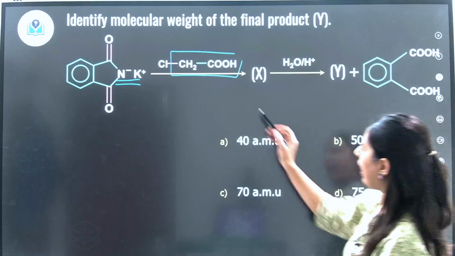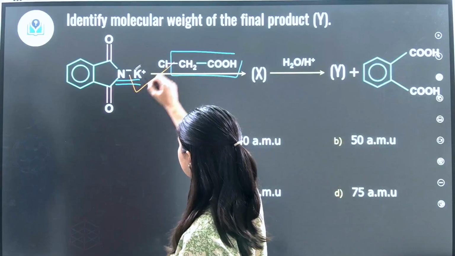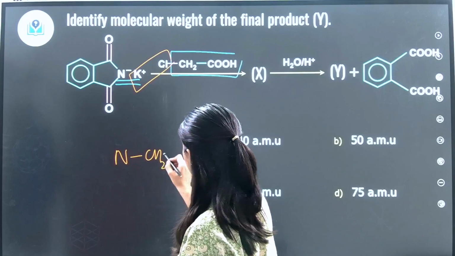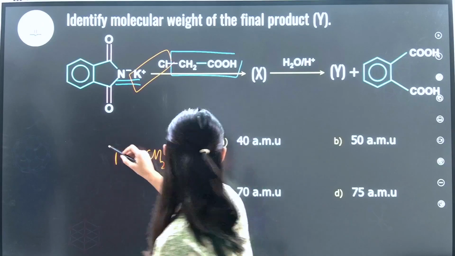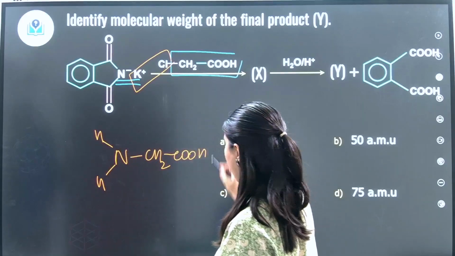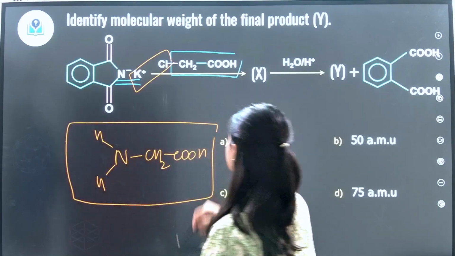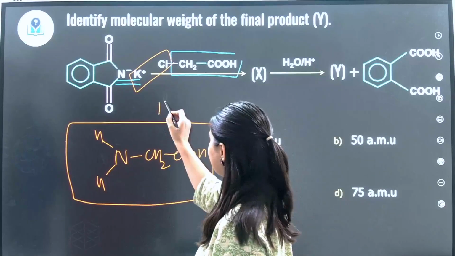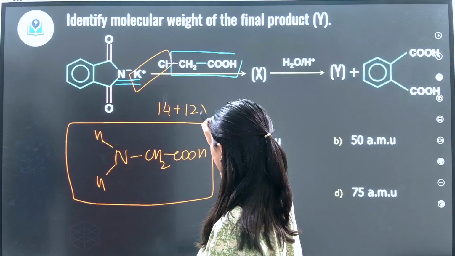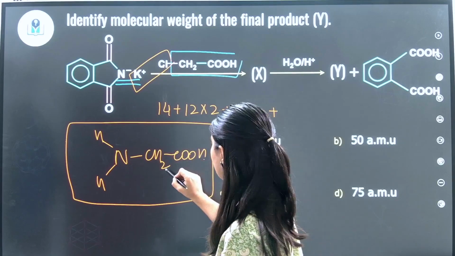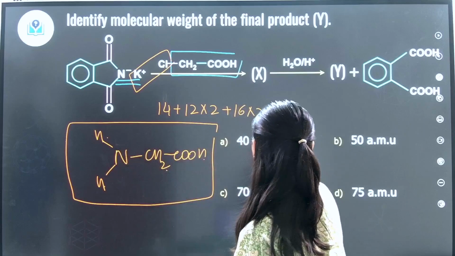Check. You have this chlorine go on with the K plus. So what you will get with the nitrogen is CH2COOH. And once you've done the hydrolysis, you get H2 here. You have been asked the molecular weight of this compound, which is none other than 14 plus 12 into 2 plus 16 into 2 plus 5 hydrogens.